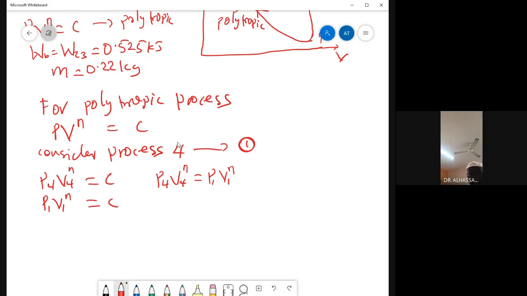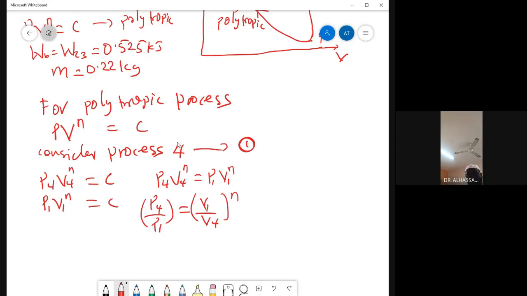We are interested in determining the value for n. So from here, we can say that P4 over P1 equals V1 divided by V4, all raised to the power n.